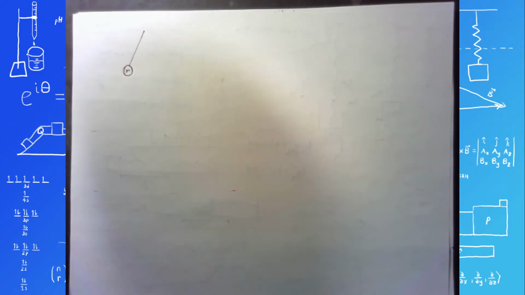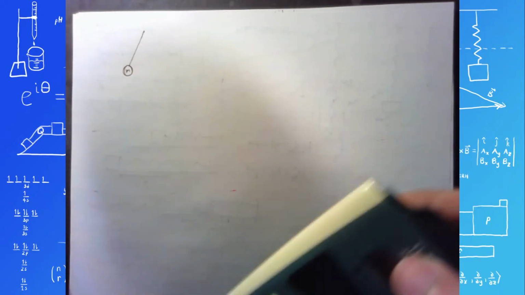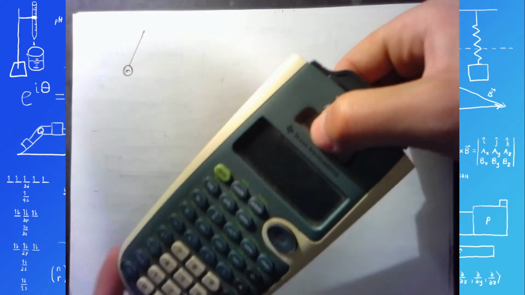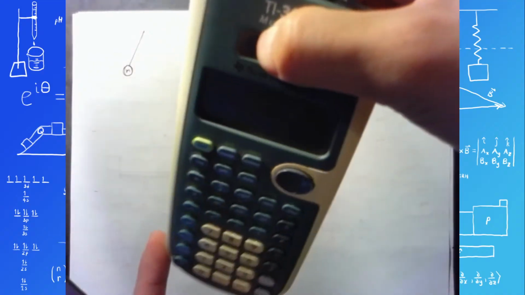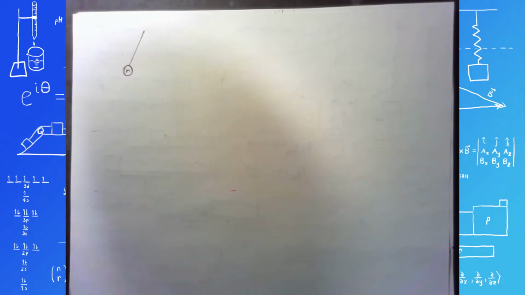If I were to swing something, I'll say my calculator, if I were to hold it over here and just let it swing back and forth, that's another example of a physical pendulum. We'll talk about physical pendulums in more detail next time. But for now, our focus will be on the simple pendulum.